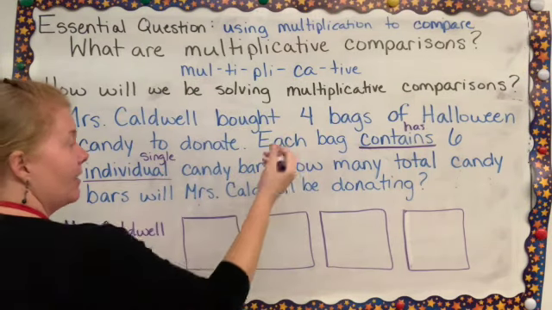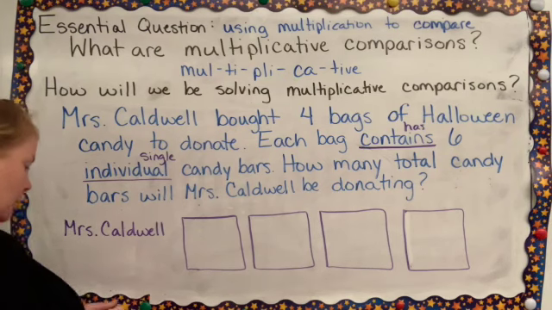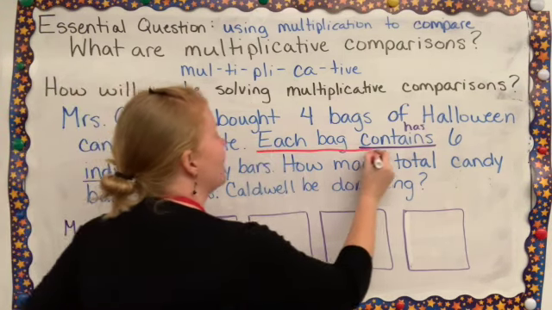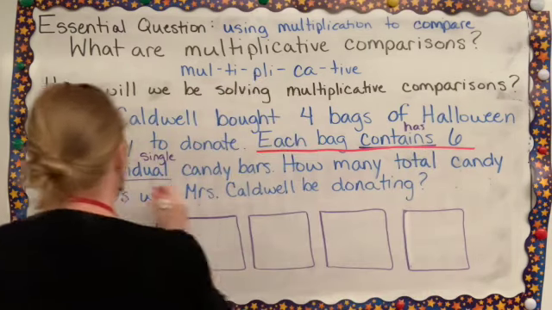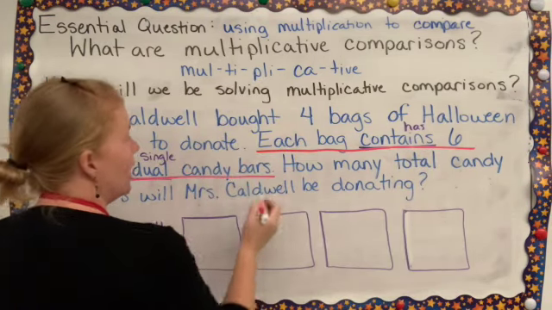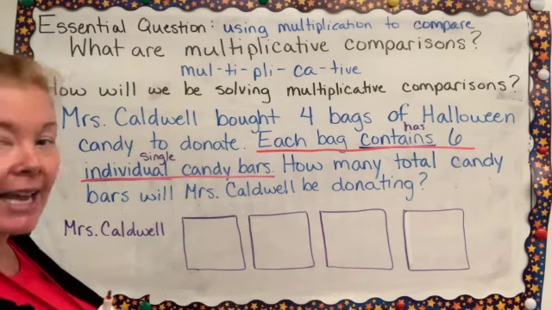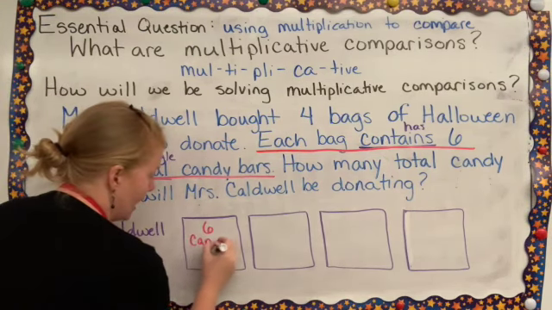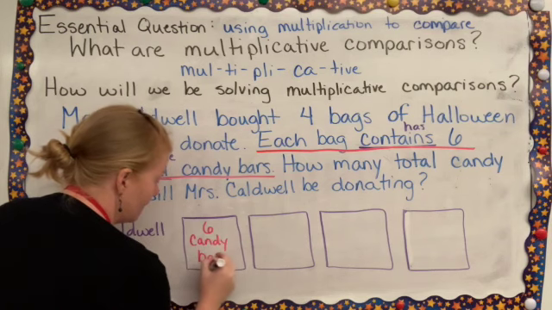Each bag, very important word there. I'm going to change colors. Each bag contains, or has, 6 individual candy bars. So each bag has 6 candy bars.